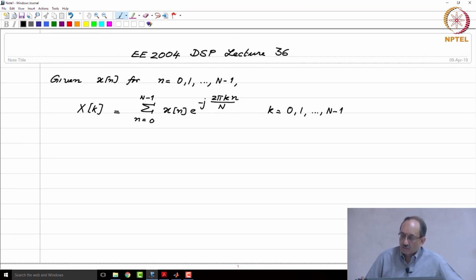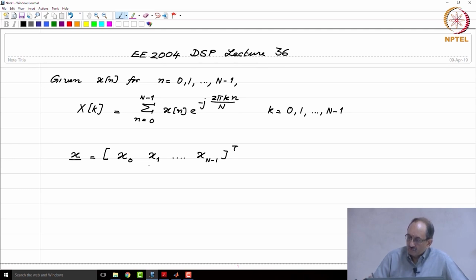Now, this can be written in compact matrix vector notation. So, let us define the column vector x, little x, which will be shown as boldface in typed or in printed work. In handwritten work we use an underscore here. We denote this as x0, x1 up to x N minus 1, and this is a column vector, and we are using the notation x suffix k.